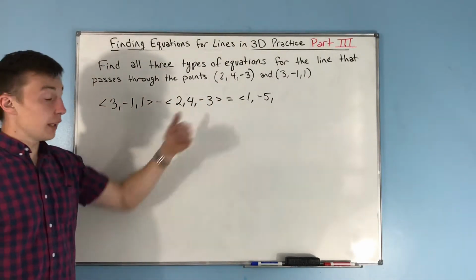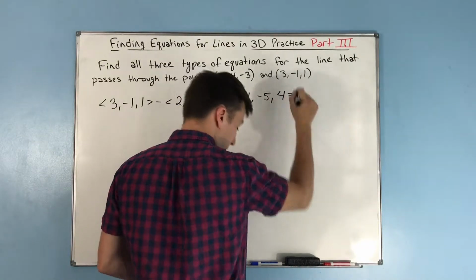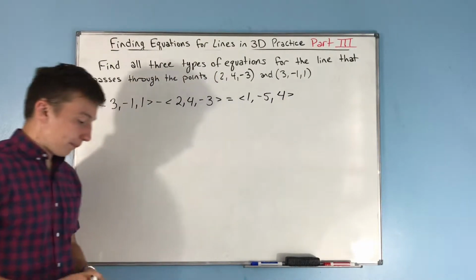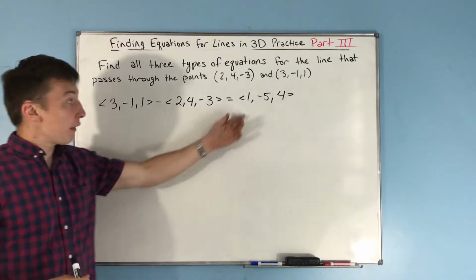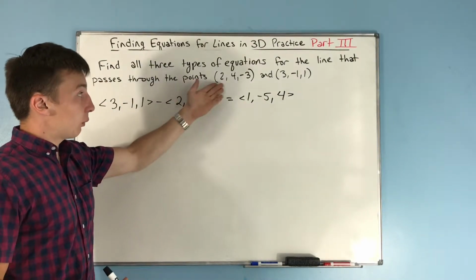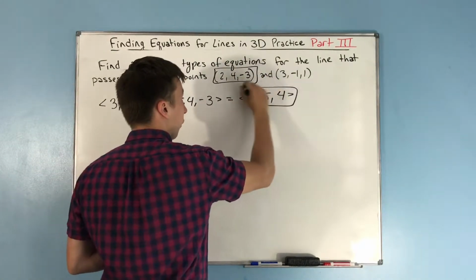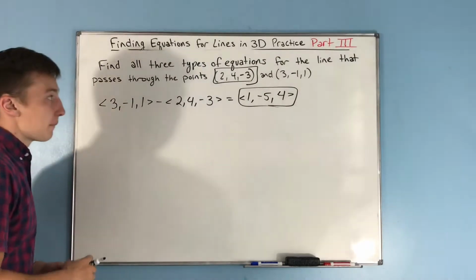And 1 minus negative 3 is 4. So now we have our direction. We have a point, we'll use (2, 4, -3), and our direction (1, -5, 4).